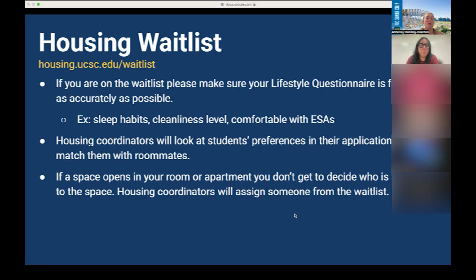So you want to be checking your UCSC email as well as your housing portal for any offers. And those typically last 24 to 48 hours. So you want to make sure if you do end up on the wait list and you're interested in housing, that you are checking the portal and checking your email in case there's an offer for you.